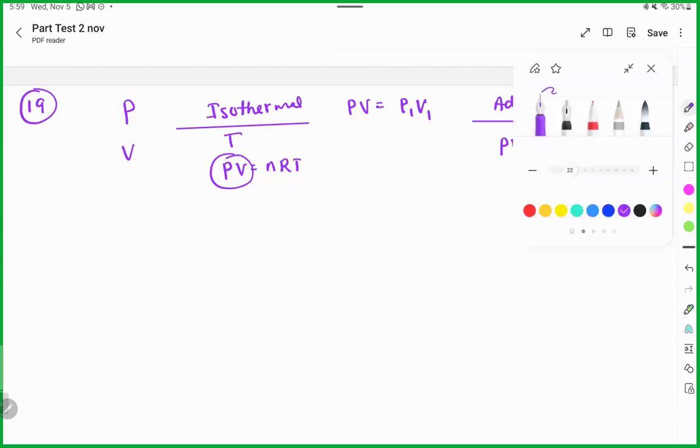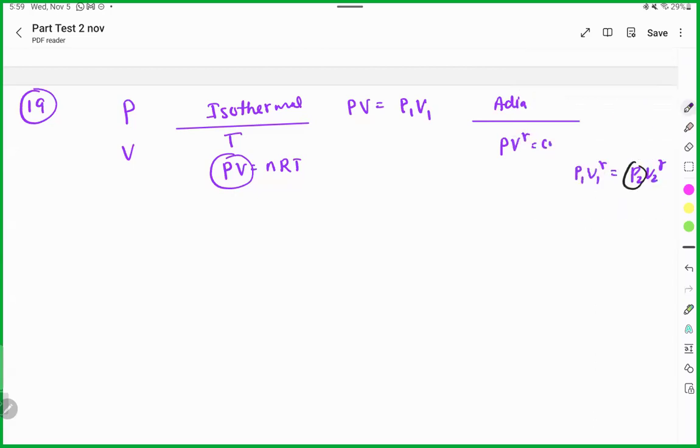You have to calculate what is this P2 value. Okay, how to calculate P2 value? Take V2 to the other side, P1 common, V1 by V2 whole raised to power gamma. Put values here. P value is P, V value is V, P1 value we have to calculate.